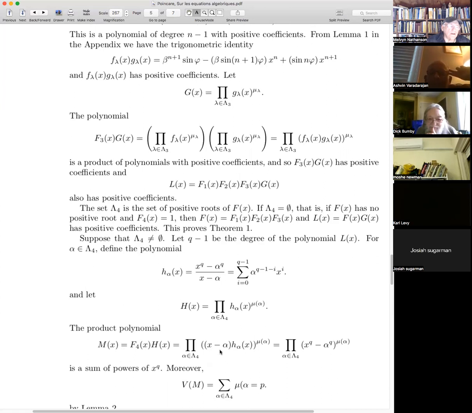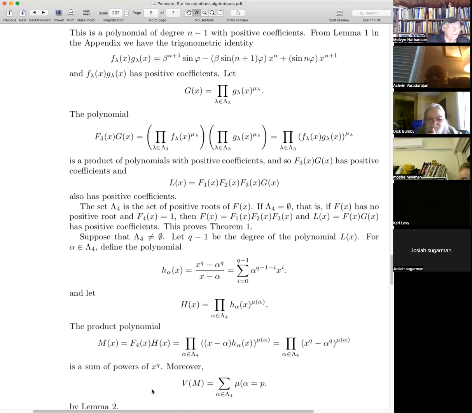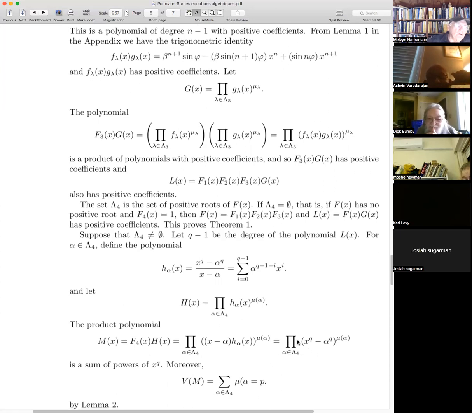What is the number of sign variations in this polynomial? I say by lemma 2. What lemma 2 says is, forget about x to the q. Suppose x to the q were just x, and alpha is positive. So this is like a product of linear terms, x minus a_i for a lot of positive a_i's. If you multiply that out, you get an alternating sum of powers of x, strictly alternating, plus minus, plus minus, plus minus.